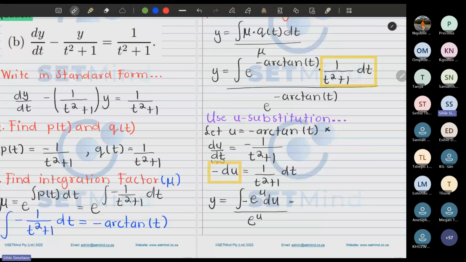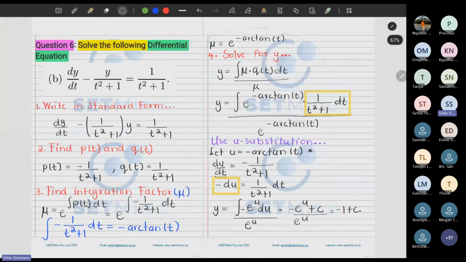If you observe carefully, we're integrating e to the u. So that is going to be negative e to the u plus c, divided by e to the u. And you will see that these will cancel. I'll be left with negative 1 plus c times e to the negative u. So let's make some space.